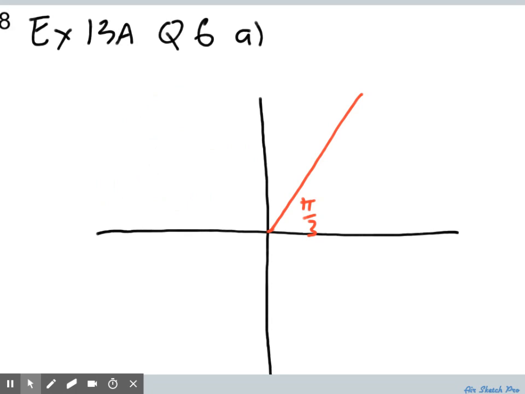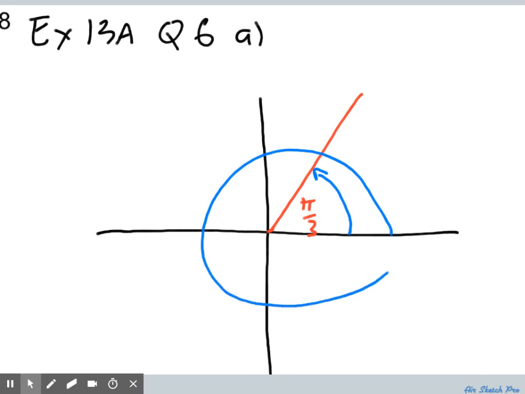But the cheat would be to simply look at full rotations past that. So if I was looking for 2 other angles, I could say, well, the first angle is pi on 3, that's a given. But if I take a full rotation plus another pi on 3, that would also be in the same quadrant, same value, because the reference angle is still pi on 3.